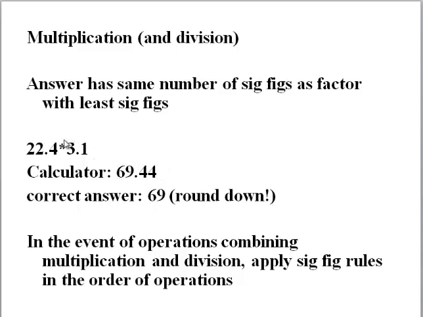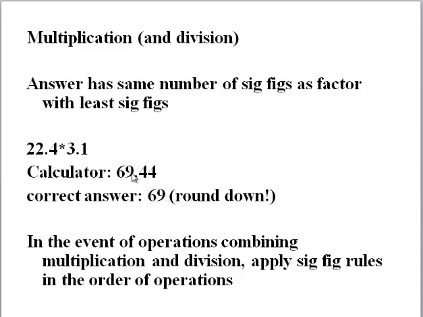However, this factor has 2 significant figures. This factor has 3 significant figures. The factor with the least sig figs has 2 significant figures. Our answer has 2 significant figures, which means we have to stop at 69. Now, the digit after the 9 is a 4, which is less than 5, so we round down when writing this answer.